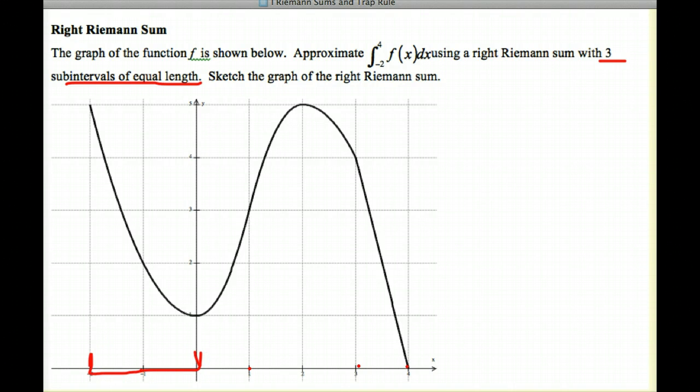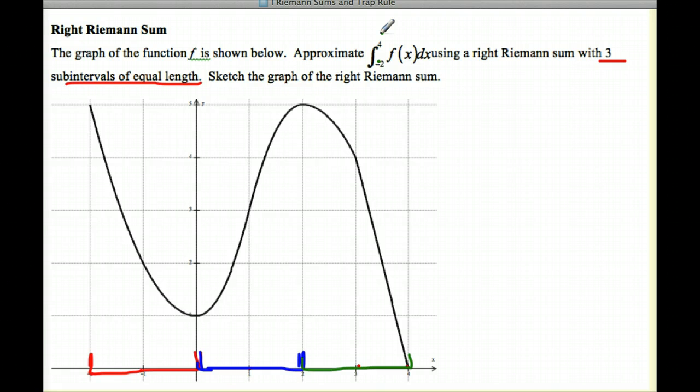So there's one rectangle right there, another rectangle right here, and then a final rectangle right here. Aren't those 3 subintervals of equal length, right? There's 3 intervals, they're each 2 apiece, and it goes from -2 to 4.